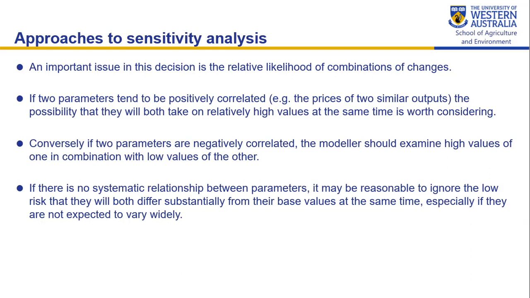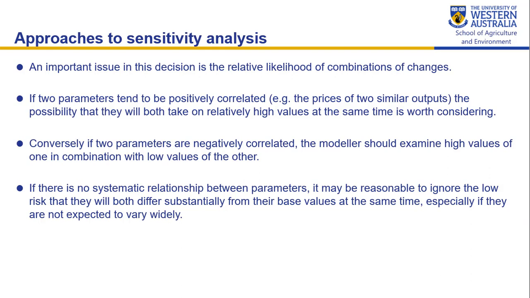So an important issue in this case is the relative likelihood of combinations of changes. If two parameters, such as, for example, cost and benefits or the prices of two similar outputs, are positively correlated, then the possibility that they will both take on relatively high values at the same time is worth considering.